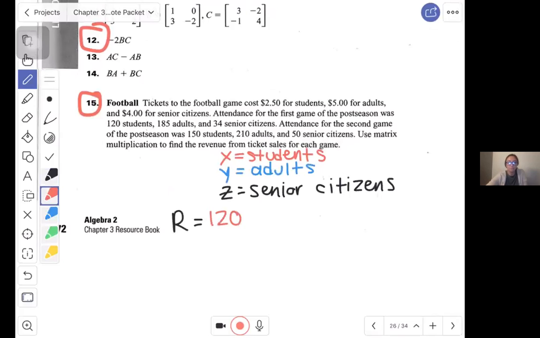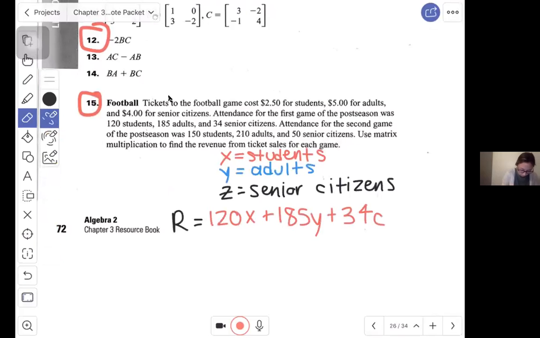Go ahead, Jaden. You would have 120x plus 185y plus 34z. Good.